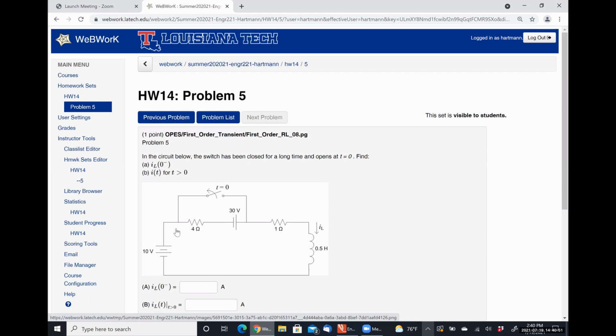So when that switch is closed, the 10 volt source is still influencing things. When that switch opens up, the 30 volt source starts influencing stuff. So I want to work homework problem number 1 and homework problem number 5 from this set as examples. And then I think that'll probably be good enough for us.